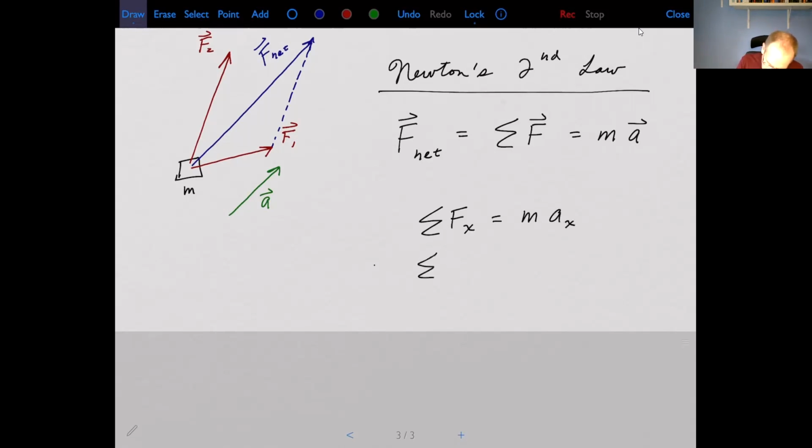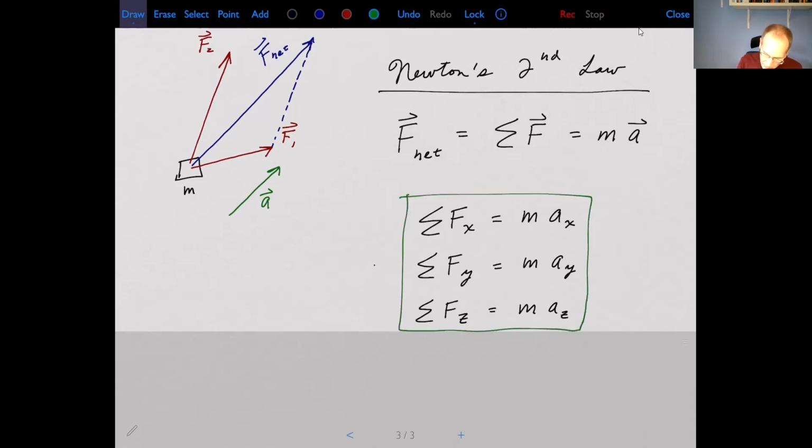Then sum of the forces in the y direction equals m times ay. And then sum of the forces in the z direction, if you have 3 dimensions, is m az. So this set of 3 equations here is equivalent to this one vector equation. So the one vector equation is just a very efficient way of writing those 3 equations, okay?